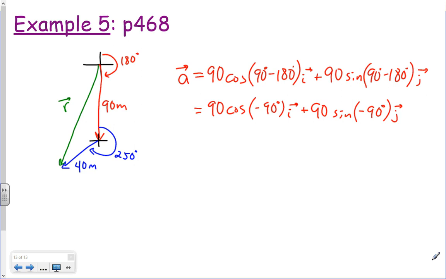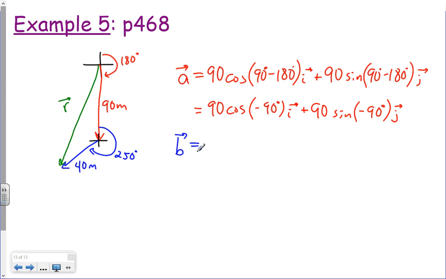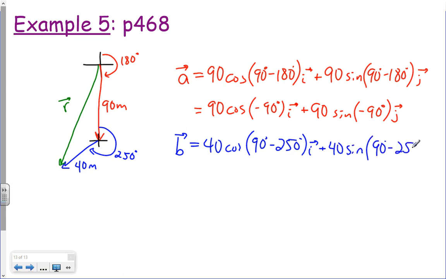And now I'm going to do that same thing for vector, I'm going to call it B here, the one that I've got in blue. Vector B is equal to, the magnitude is 40 times the cosine of, and again it's going to be 90 minus the bearing that they've given me, which is 90 minus 250, times vector i, and then 40 sine of 90 minus 250 times vector j.